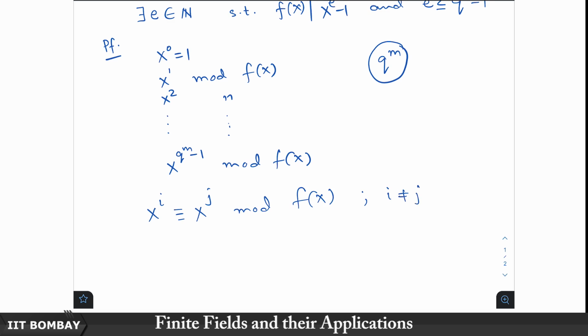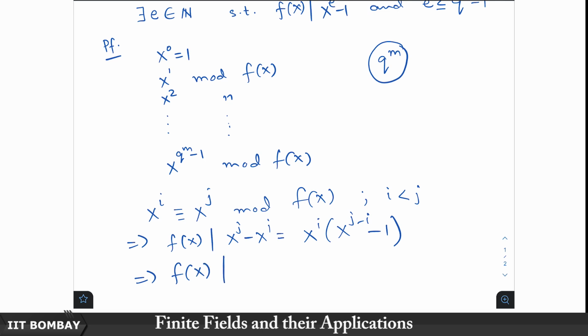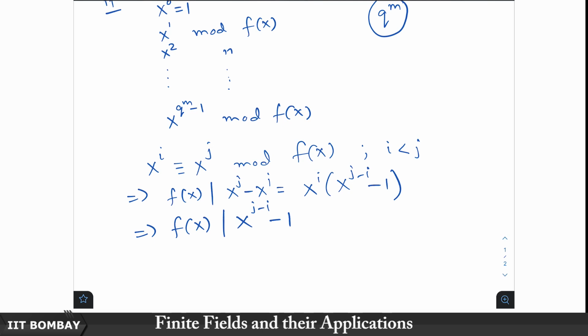In fact, we can say for some i less than j, which means that f(x) divides x power j minus x power i, which is x power i times x power j minus i minus 1. But since f(x) does not have x as a factor, this means f(x) divides x power j minus i minus 1. So, that says that there is such an exponent e. In this case, e is j minus i.